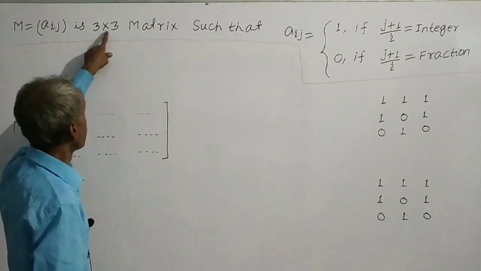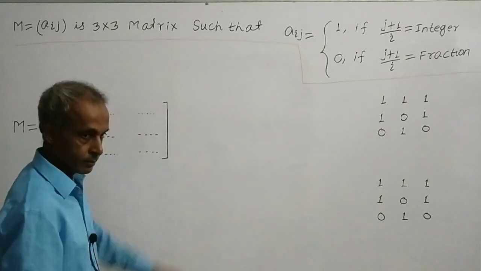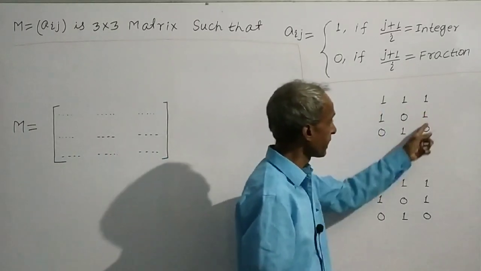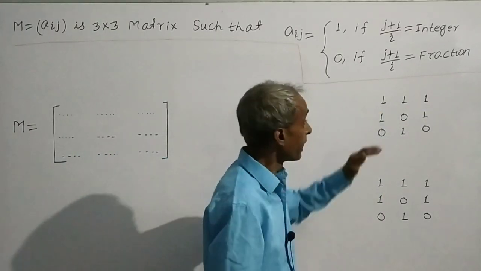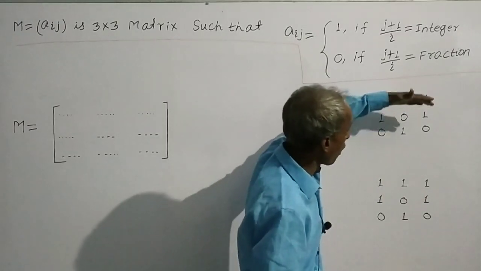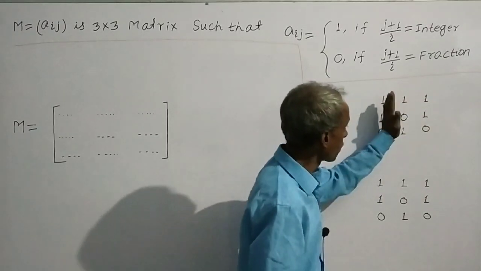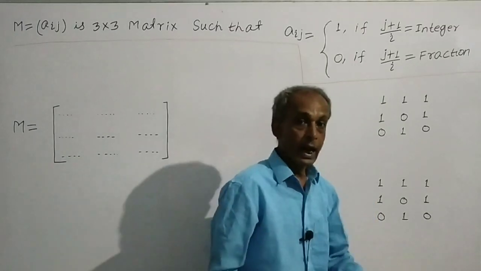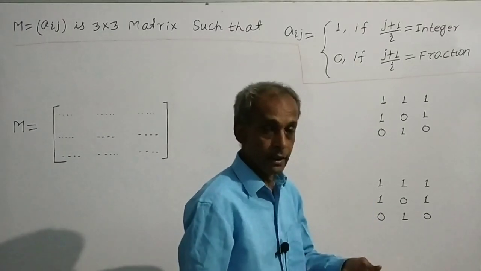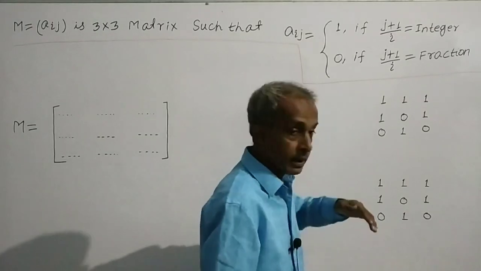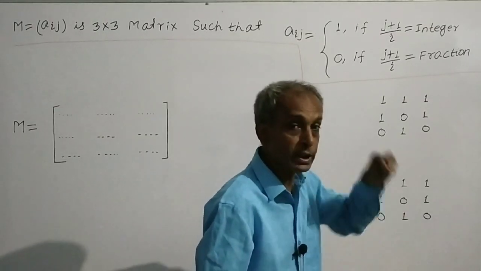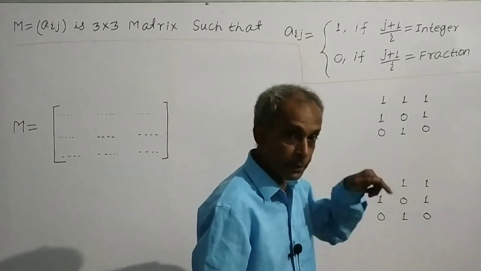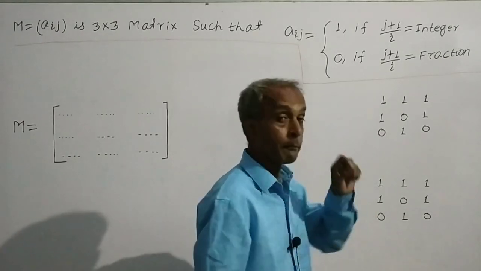What is this 3 times 3 matrix? What is a matrix? Here are written some numbers arranged in the form of rows and columns. When some numbers are written by arranging them in the form of rows and columns, that arrangement of numbers is called a matrix.